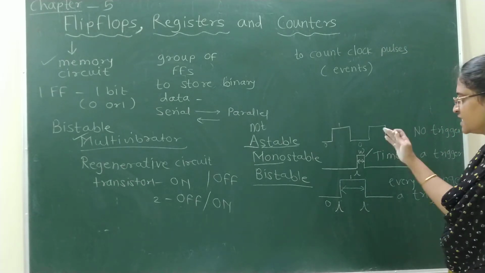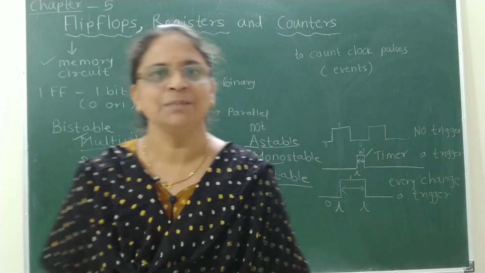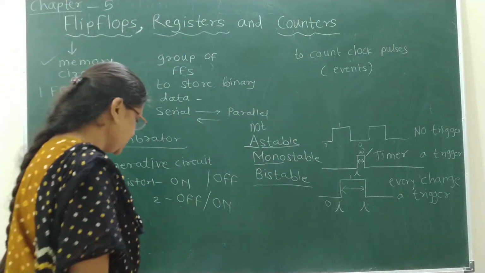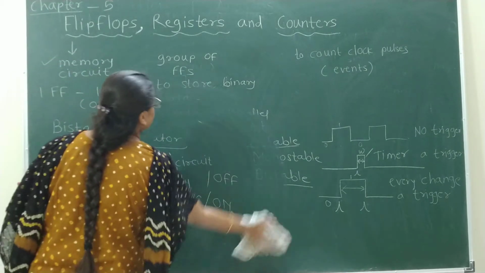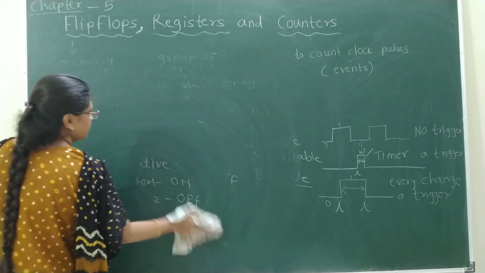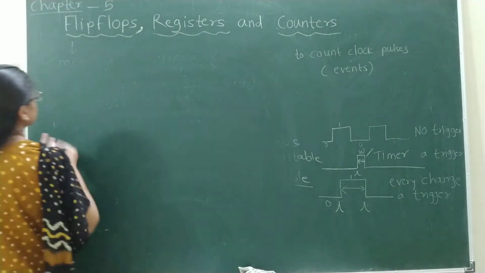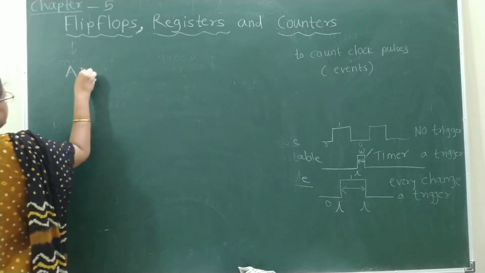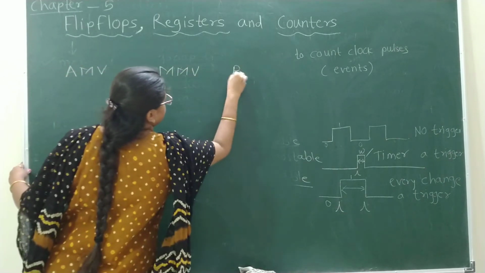So this is the basic difference between astable, monostable and bistable type multivibrators. So here is the comparison of astable, monostable and bistable multivibrators. First the astable, then the monostable and the bistable.